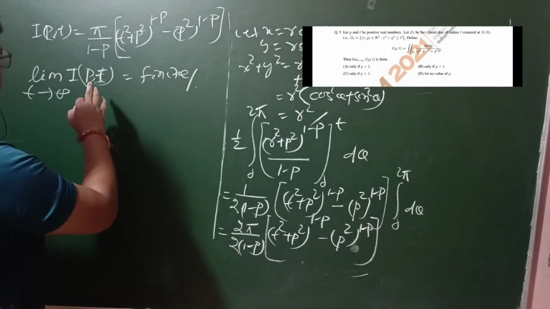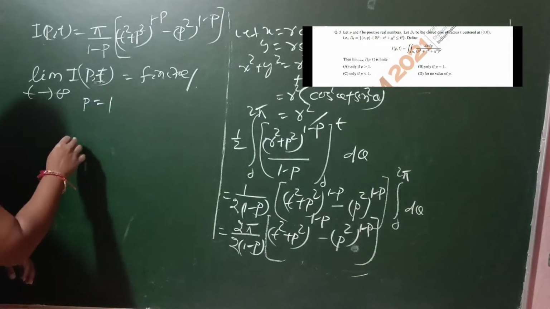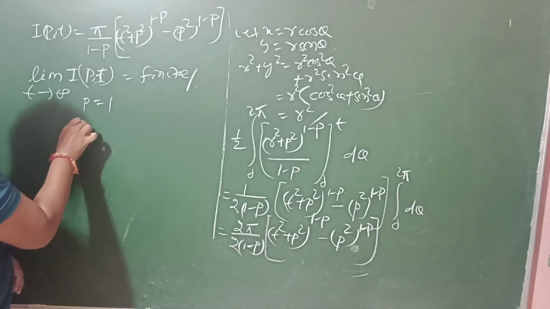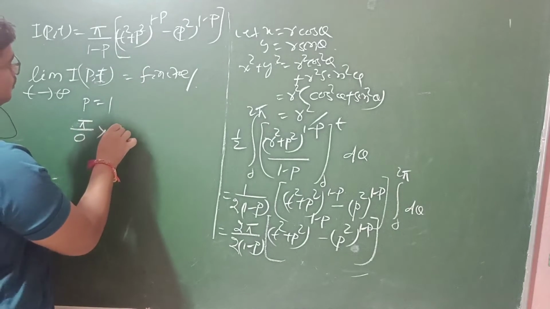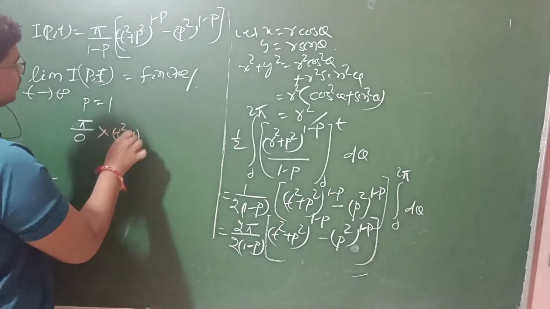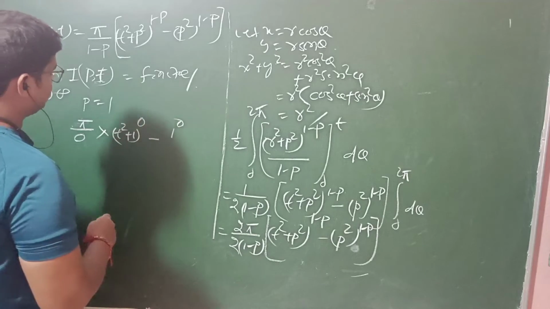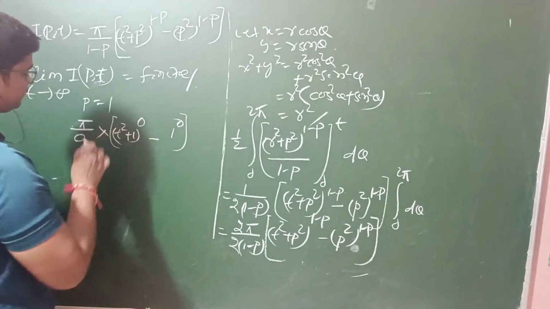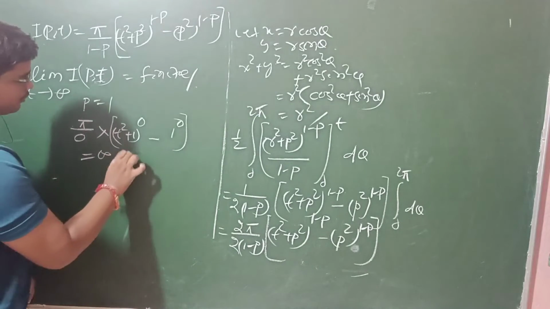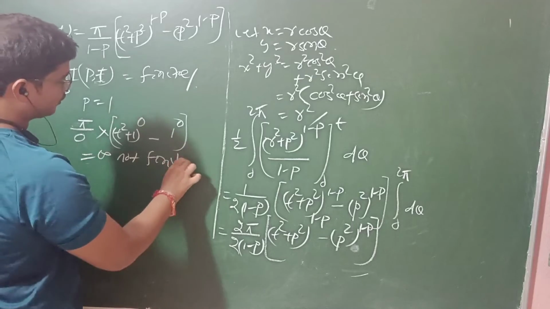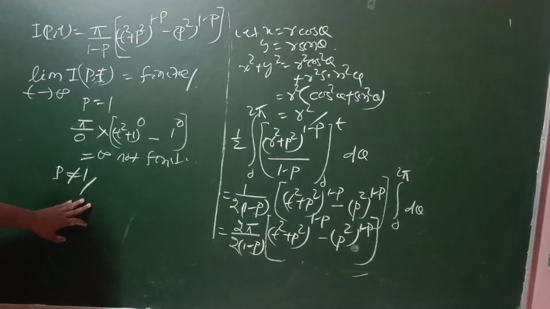Now let p equal to 1, then pi by 0 into t square plus p square to the power 0 minus p square to the power 0, which is infinity, not finite. So p can't be 1.